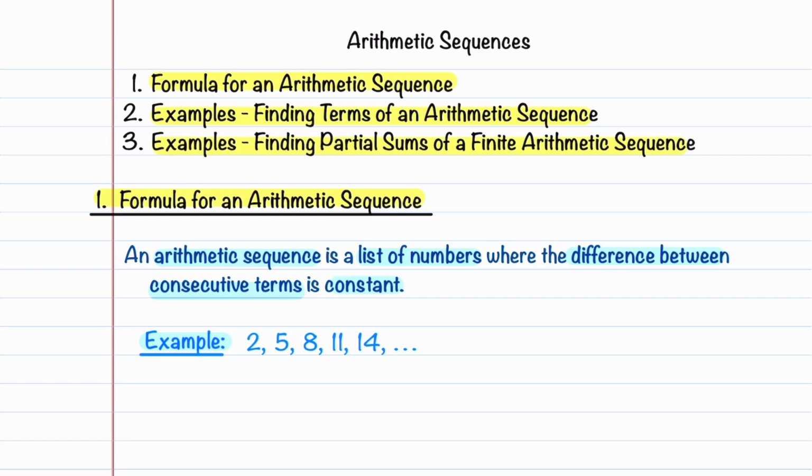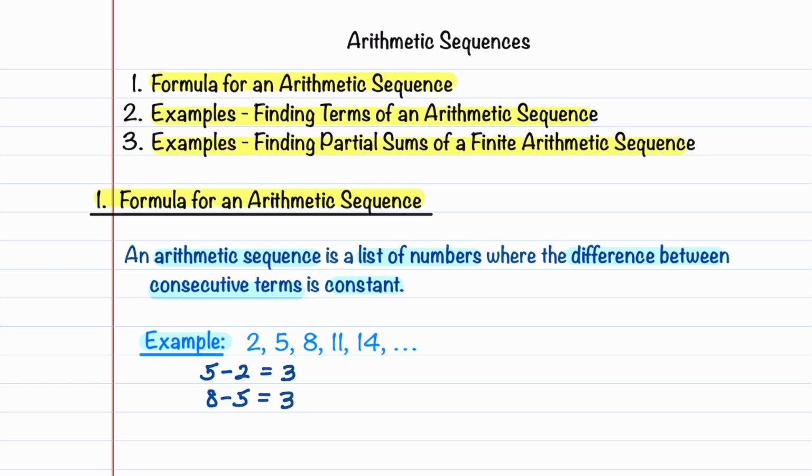To do that, you can take the term on the right and subtract the term on the left. Our second term is 5, and if we subtract our first term, we get 3. And then we take our third term, 8, subtract our second term, and we get 3.